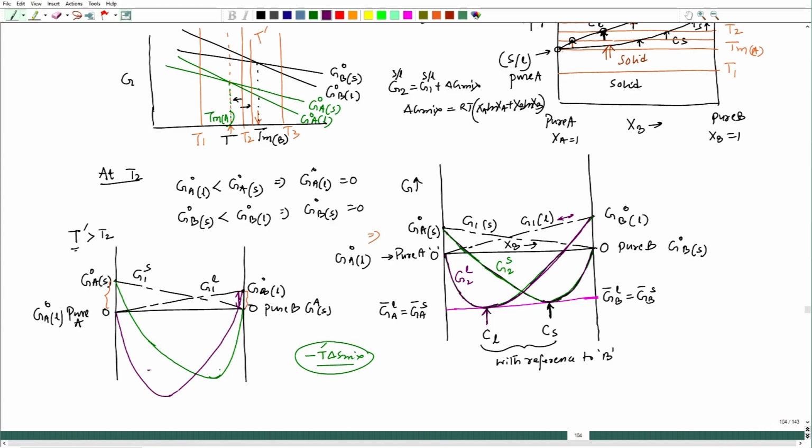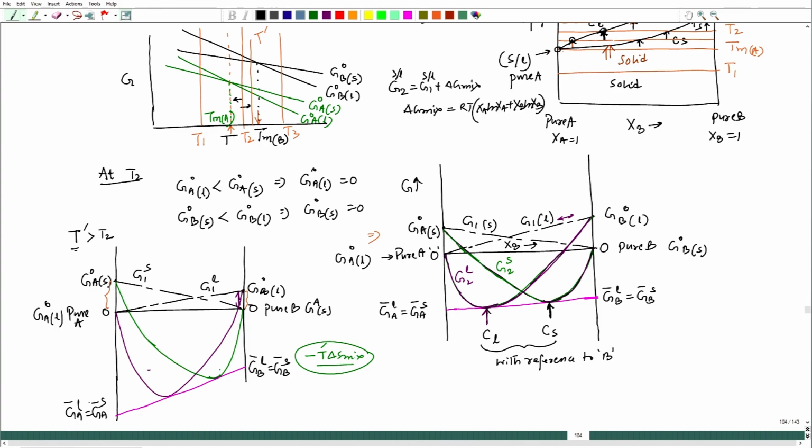Now, if I draw the common tangent, here G B bar liquid equals G B bar solid, and in this case G A bar liquid equals G A bar solid.